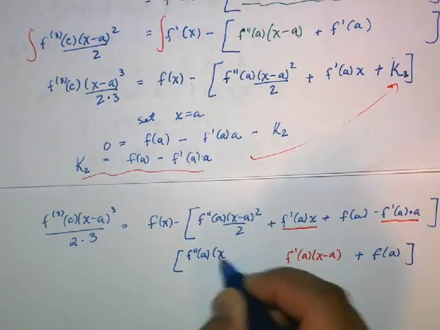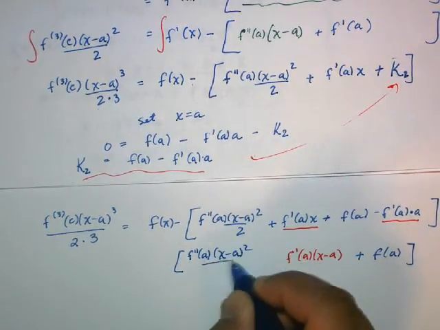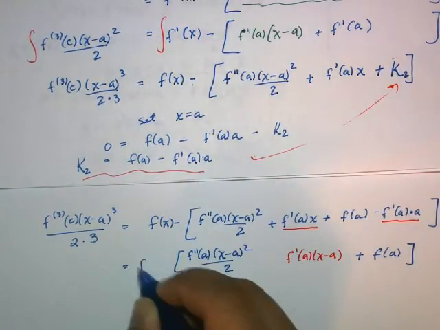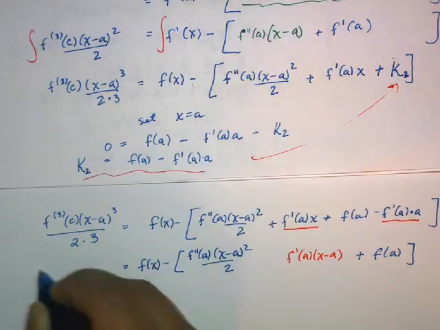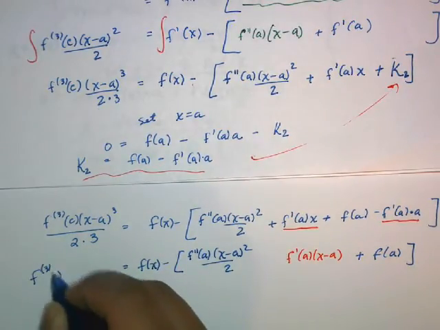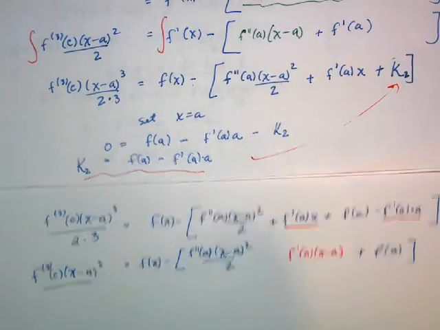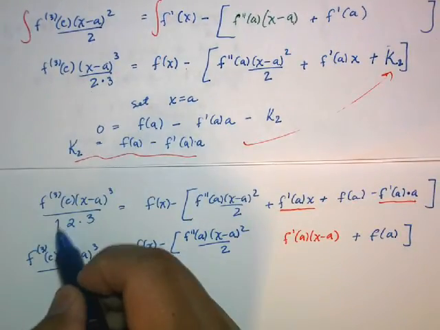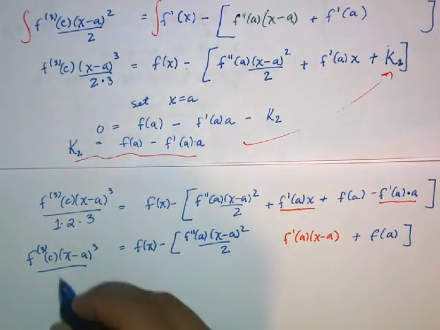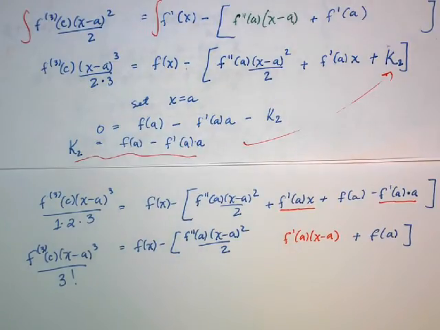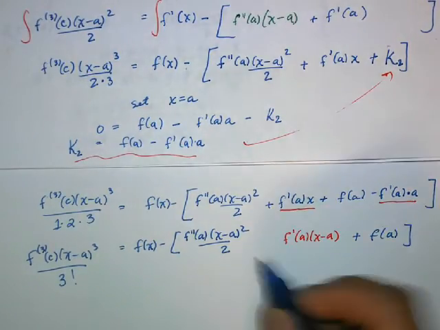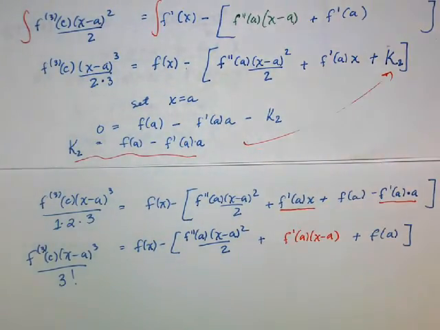And over here I get f double prime of a times x minus a squared all over 2. This is x minus a to the third all over, and if you look at here, this is really 1 times 2 times 3, which is nothing more than 3 factorial. Okay. And, oh, I forgot a plus here.